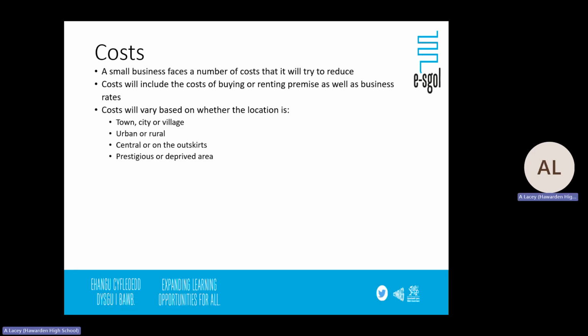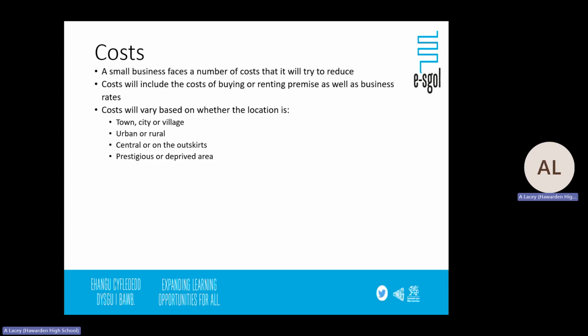Costs will vary depending on whether the location is a town, city or village, urban or rural, central or on the outskirts, prestigious or deprived areas. You need to decide what is going to be best. If your business doesn't need passing foot trade, you might be better off setting up outside of a town or city rather than paying big rates within one.